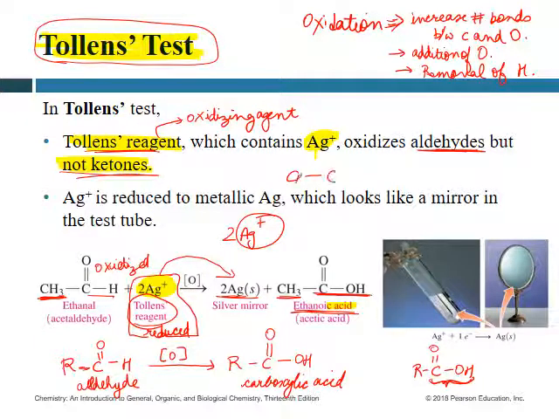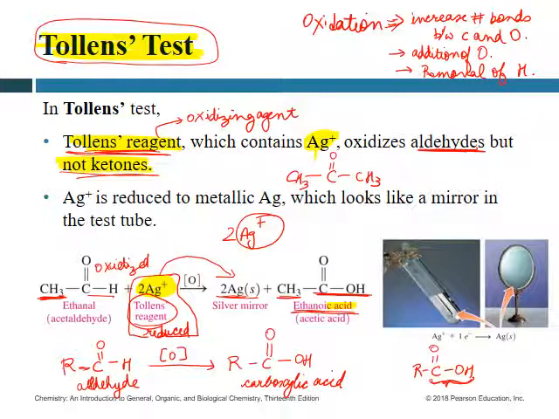Let's say I take the smallest ketone, C double bond O, CH3. In order to oxidize, this carbon has the oxygen, but it needs to have one hydrogen attached to it. Since it does not have a hydrogen, we cannot further oxidize this particular compound. Therefore, ketones cannot be oxidized, but aldehydes can be oxidized to carboxylic acid.